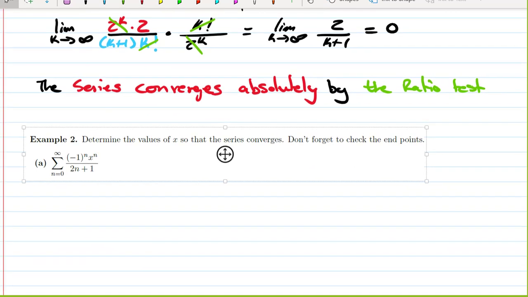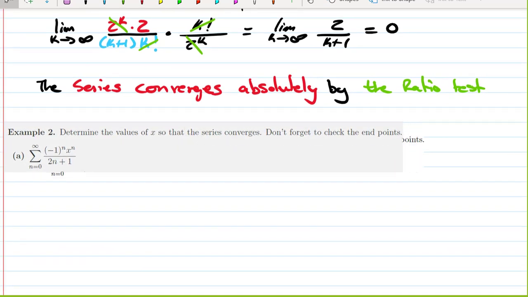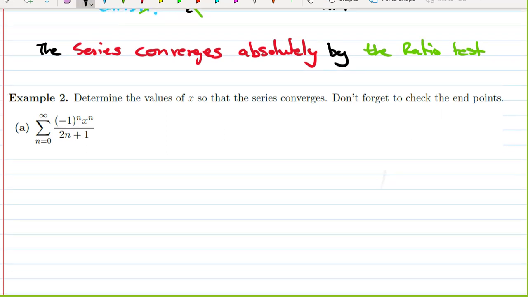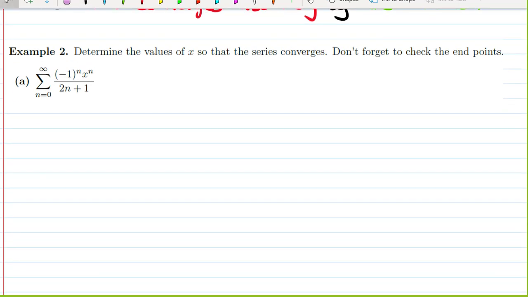So we want to determine the values of x so that this converges. Whenever we have something of this form where we're finding the values of x where something converges, we will almost always use either the ratio test or the root test.